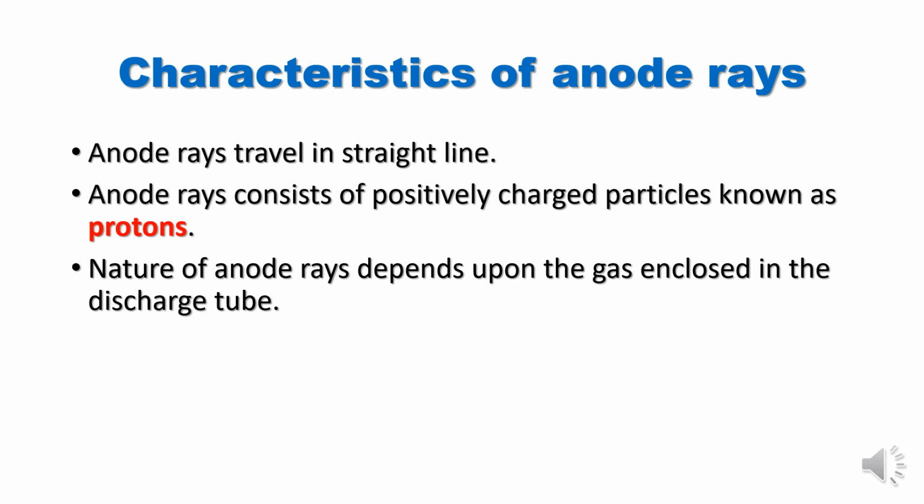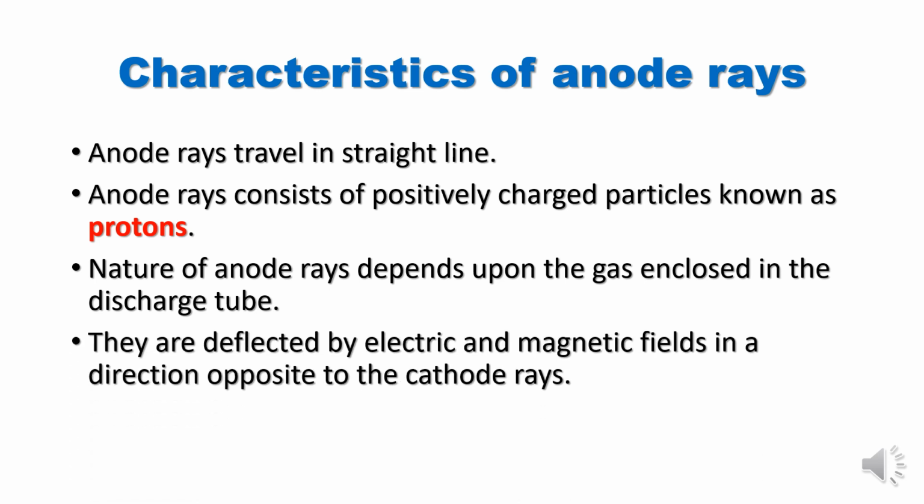So they can be deflected by using electric and magnetic fields in the direction opposite to the cathode rays. You know that even cathode rays could be deflected using electric and magnetic fields. Here it is opposite to cathode rays. So these are the characteristics of anode rays, children.